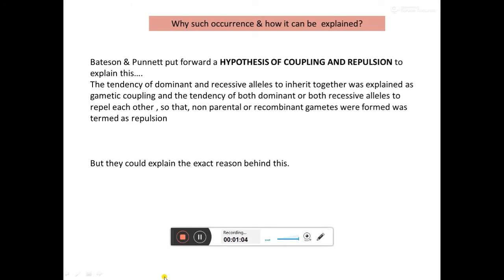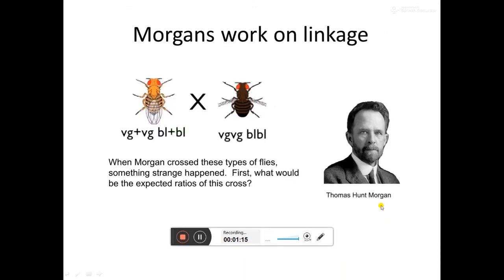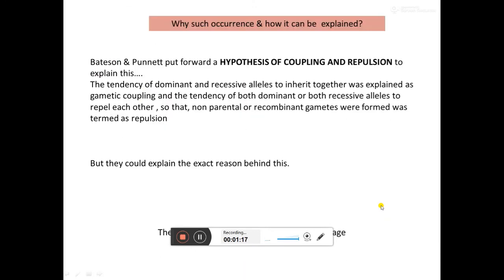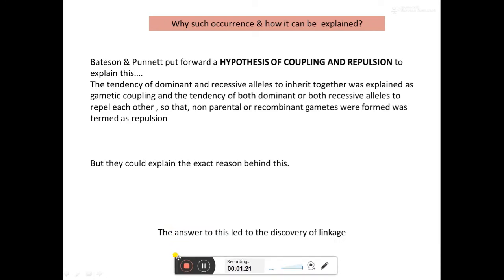That's the hypothesis they made. But the exact reason or scientific basis of this was linkage, which was of course put forward later on by Morgan. The further experiments carried out by Morgan led to the discovery of linkage.